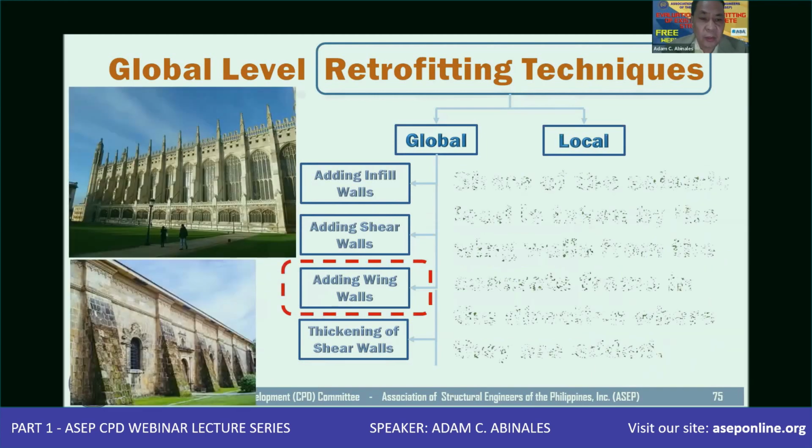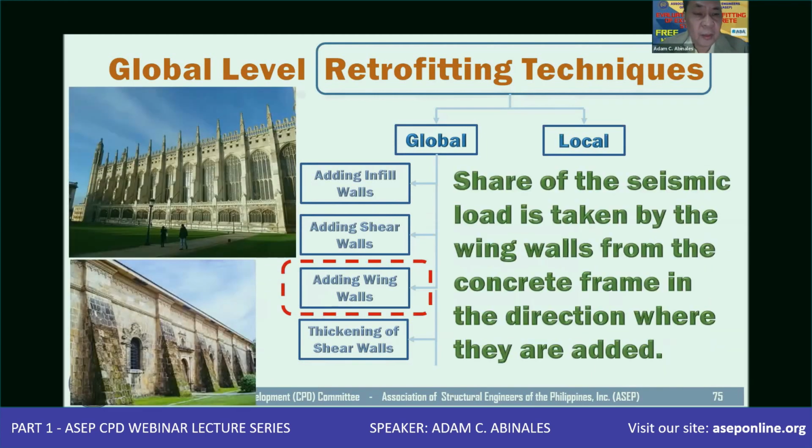Adding wing walls. Well, this is very common in institutional structures like churches, wherein you have these wing walls added to the frame, and these wing walls will take the share of the seismic load in the direction where they are added.